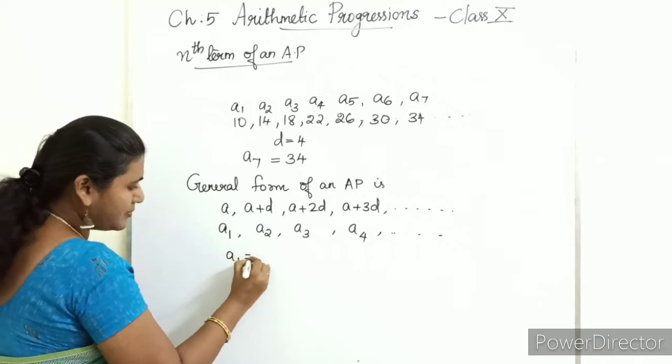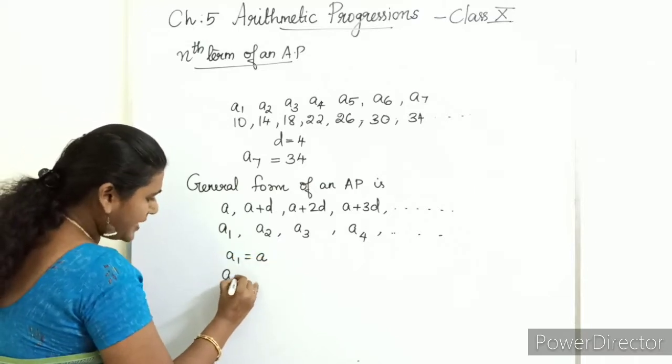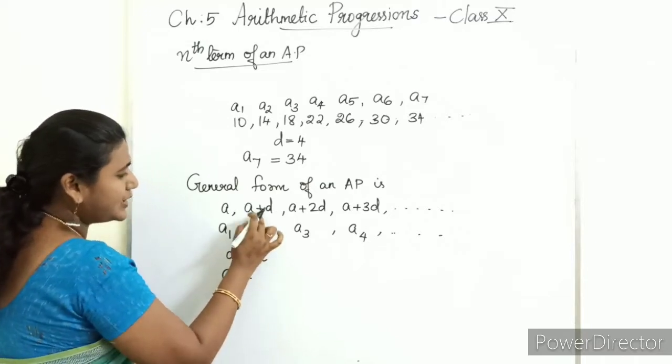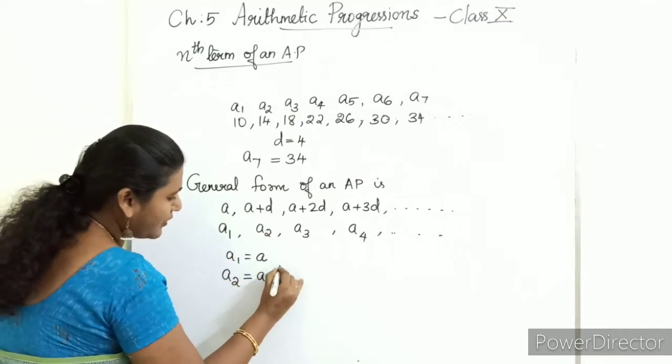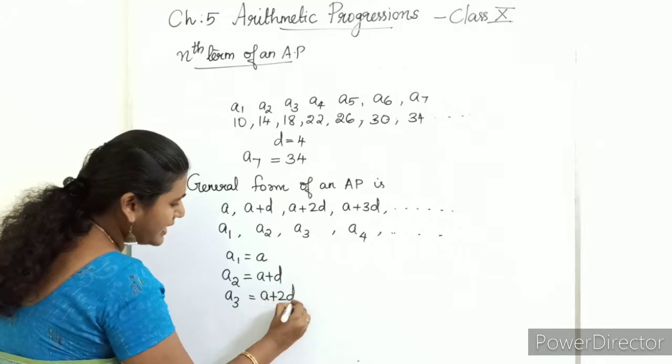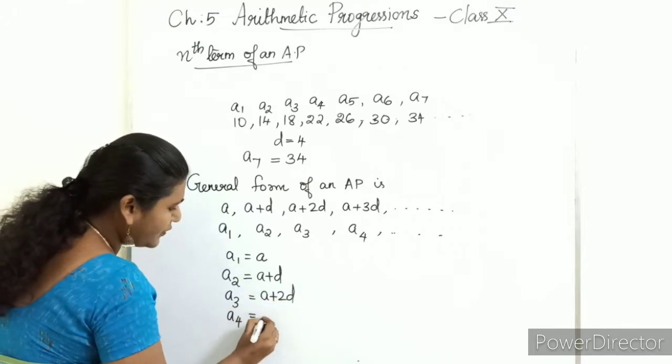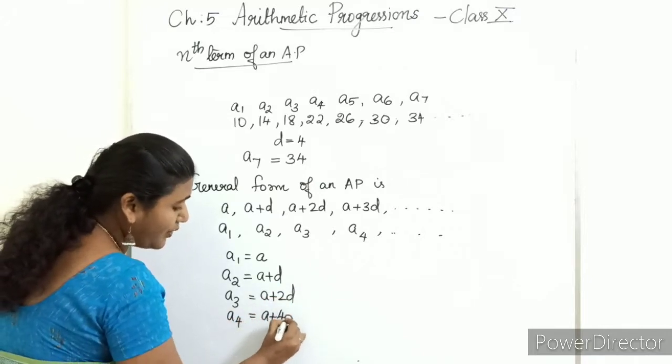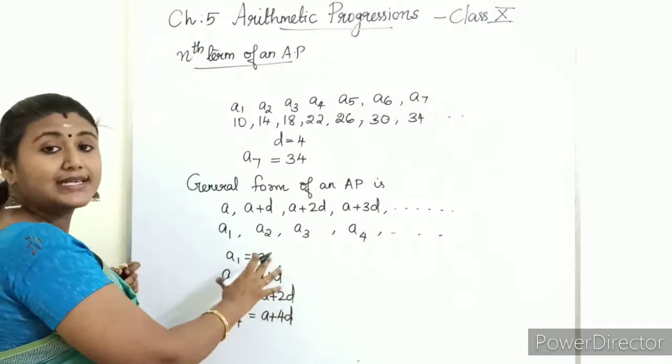So we will write now. The first term is A. Second term A2 is equal to, what is A2? A plus D. Okay, A3 is equal to A plus 2D. A4 is equal to A plus 3D. Now, can you find any pattern here?